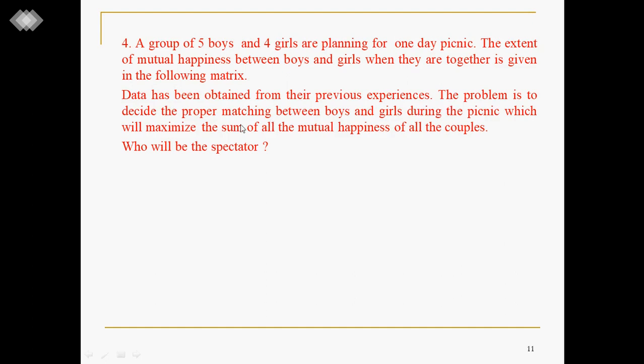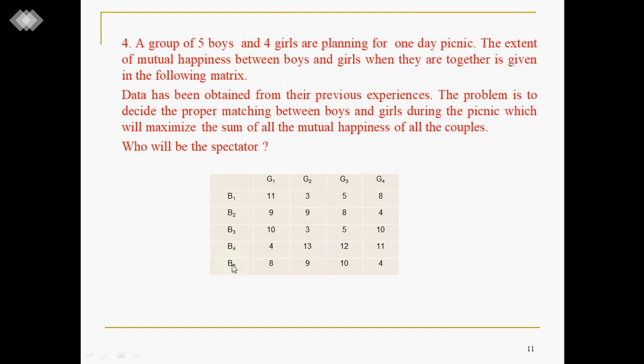The problem is to decide the proper matching between the boys and girls during the picnic, which will maximize the sum of all the mutual happiness of the couples. Who will be the spectator? Please don't take me otherwise. I have said this just to create interest.